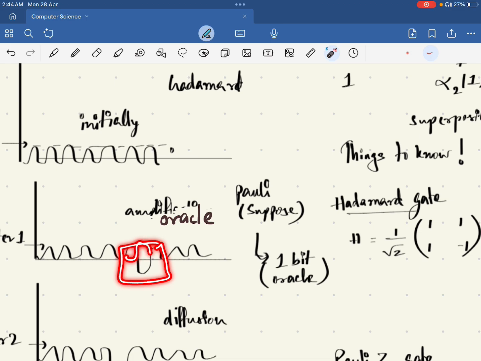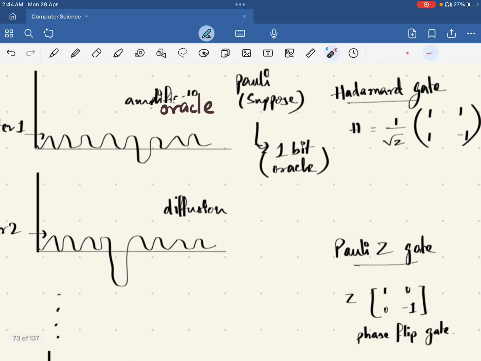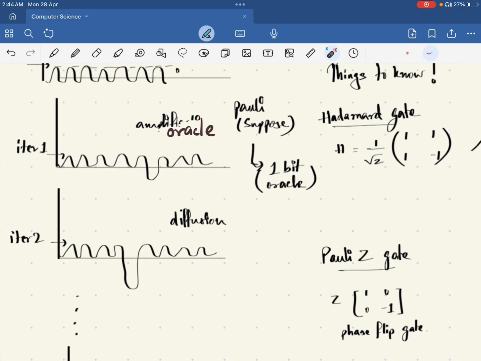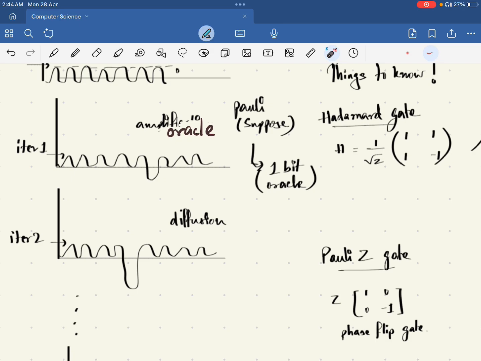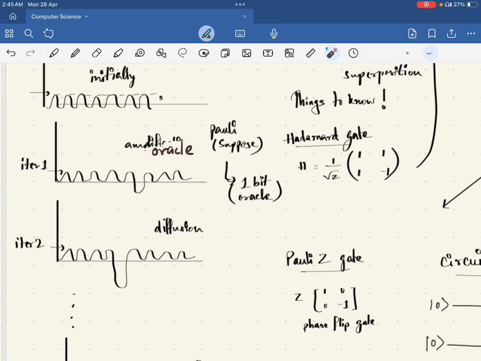So this was supposed to be this, but after this oracle function, it changed to a negative phase. That's why for a one qubit system, I took this Pauli operator case, Pauli Z. But for n qubit systems, where the complexities are very high, we cannot simply use a Pauli Z gate. It will not work.